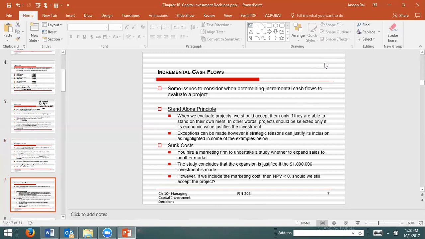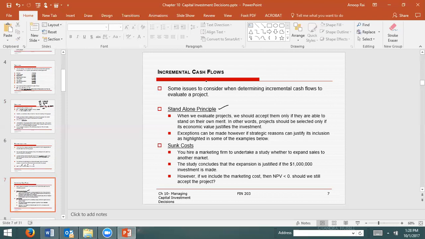Now, things to consider when we're estimating these incremental cash flows. In finance, one of the things we like to be obsessed about, including economics, is that every project should be based on a standalone principle.